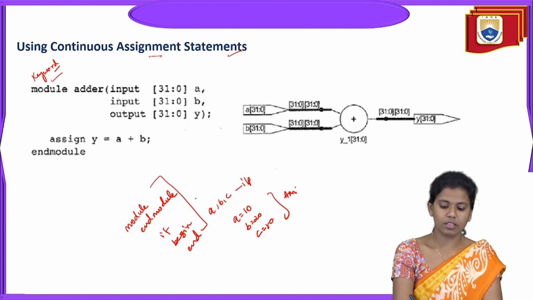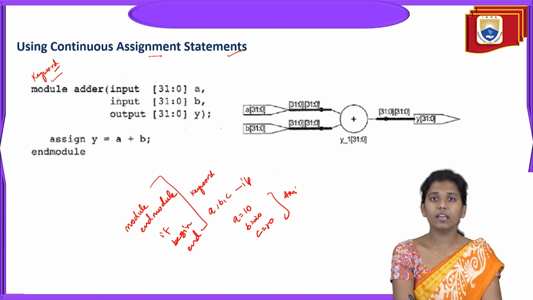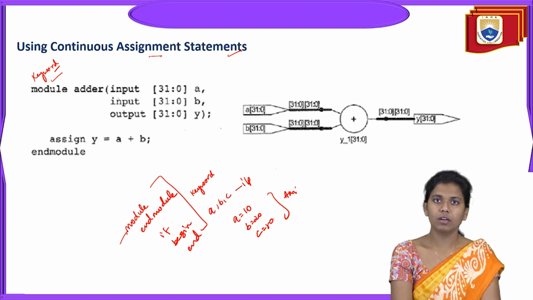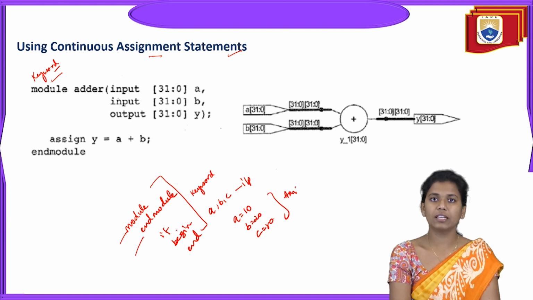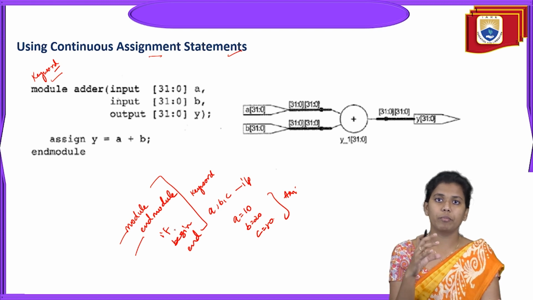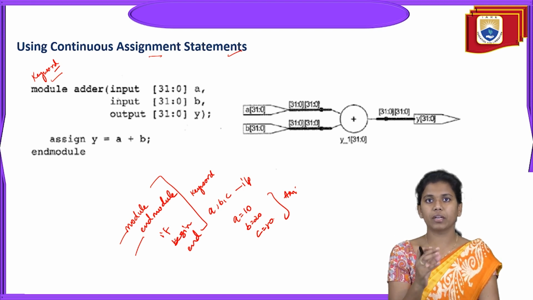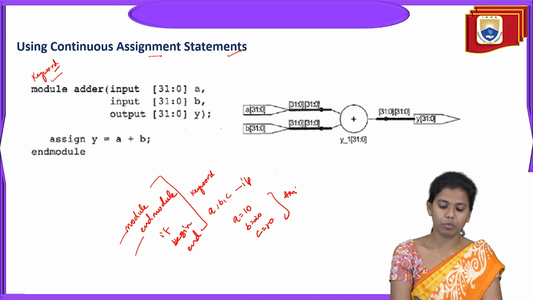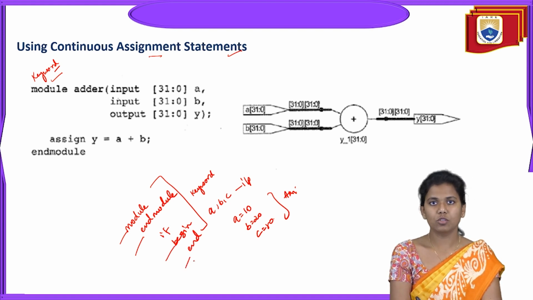For any program that you are writing, if you start with the module keyword, it must end with the endmodule keyword. The statements pertaining to that particular design, that particular module, you have to mention in between two keywords, begin and end. These are the different kinds of keywords used in order to write the syntax.